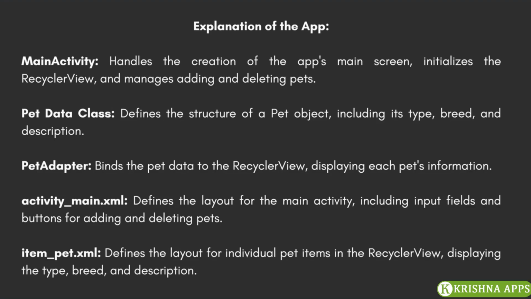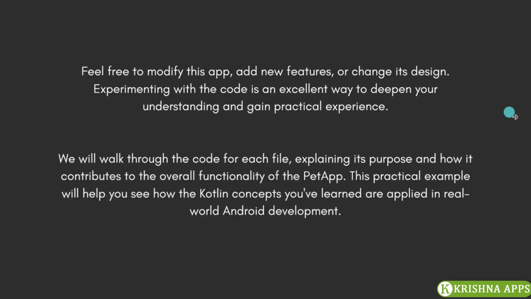Then we have the pet adapter, which binds the pet data to the recycler view and displays each pet's information. And then we have the activity_main XML file, which defines the layout for the main activity, including input fields and buttons for adding and deleting pets. Then we also have the item_pet XML file, which defines the layout for individual pet items in the recycler view and displays the type, breed, and description.